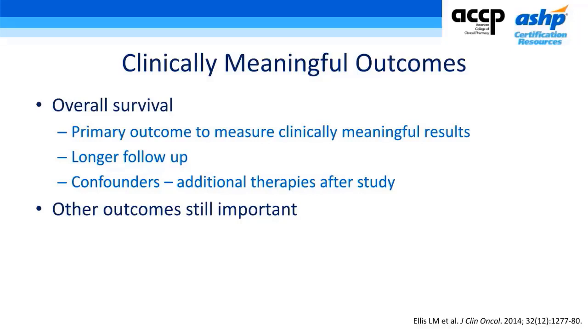Now, this doesn't mean that other outcomes are unimportant, not by any means. Other outcomes are definitely important, and your handout goes into a little bit more detail on the other types of outcomes for use in oncology trials.